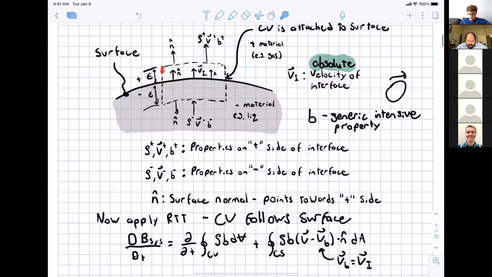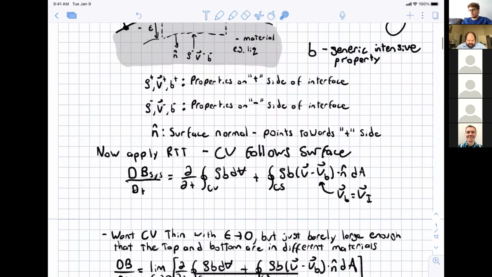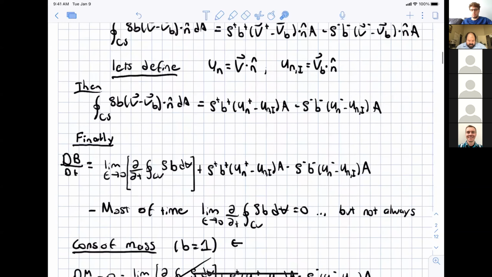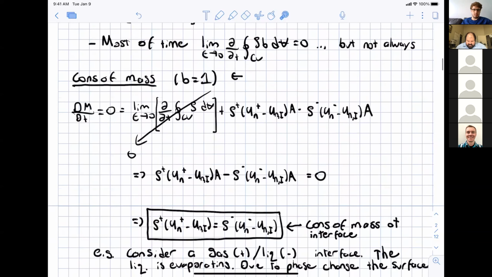That means in our very thin control volume, there is essentially no mass inside of it, and because it's so thin, the net flux going in through the bottom must be equal to the net flux going out through the top, at least for conservation of mass. So the control volume is so thin that it is basically always in steady state conditions, at least as far as conservation of mass is concerned.